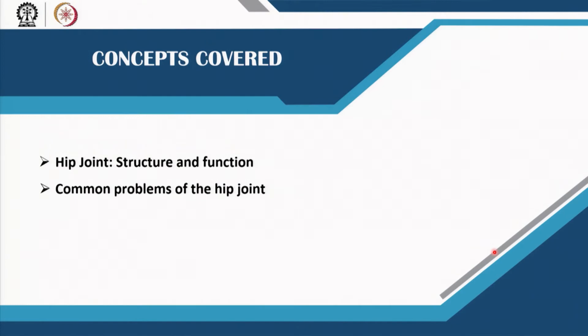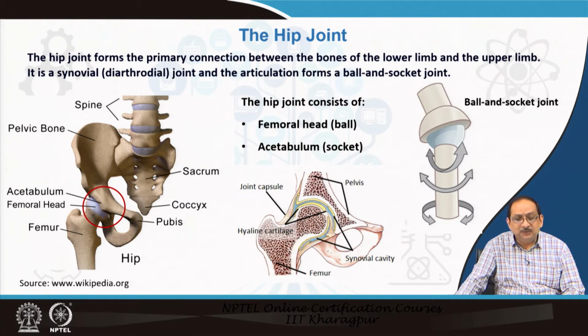In this lecture, we will be discussing the structure and function of the hip joint and the common problems of the hip joint. The hip joint forms the primary connection between the bones of the lower limb and the upper limb. It is a synovial joint and the articulation forms a ball and socket joint as shown in the figure.